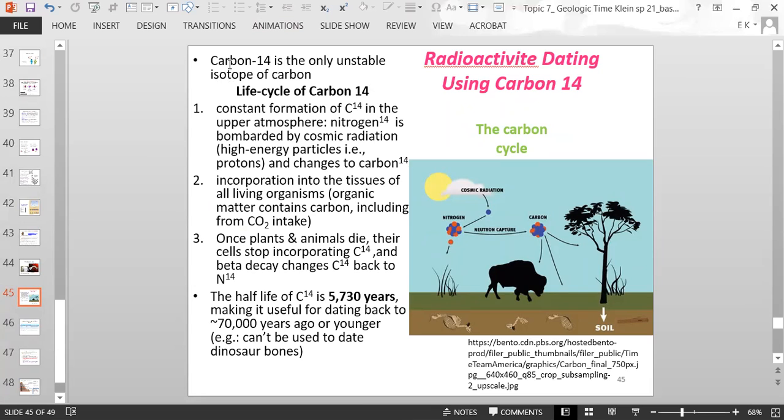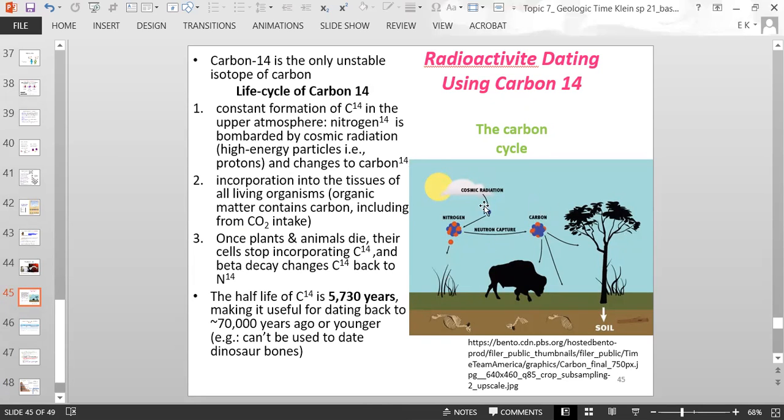So then carbon-14 is used to date organic material like tree bark or leaf fossils or woody material that you find in sediment. And that's because carbon-14 is constantly being formed in the upper atmosphere.